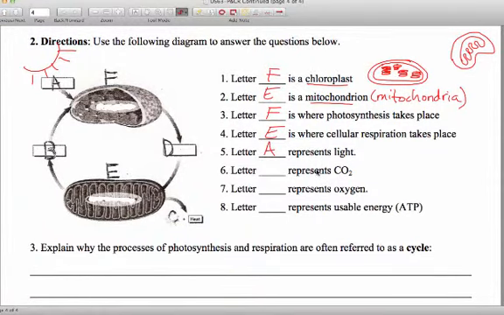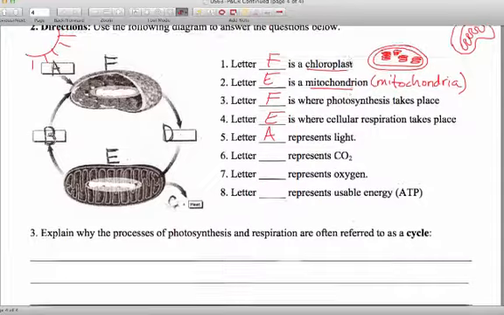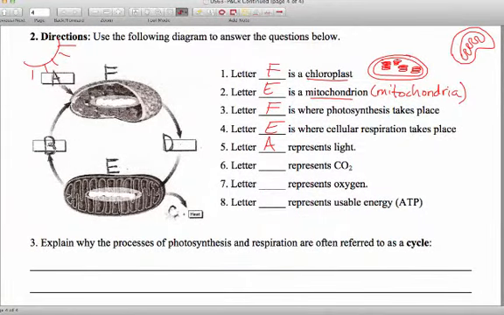And if we think about the equation looking up here, we know that CO2 is needed, so we're taking CO2 in photosynthesis or at the chloroplast, and CO2 is going to be given off or made at the mitochondria or during the process of cellular respiration. And if that's the case, looking at my picture, I know that E is our mitochondria. It's giving off CO2, and that CO2 can be used by our plant. So it's going to be represented by B.